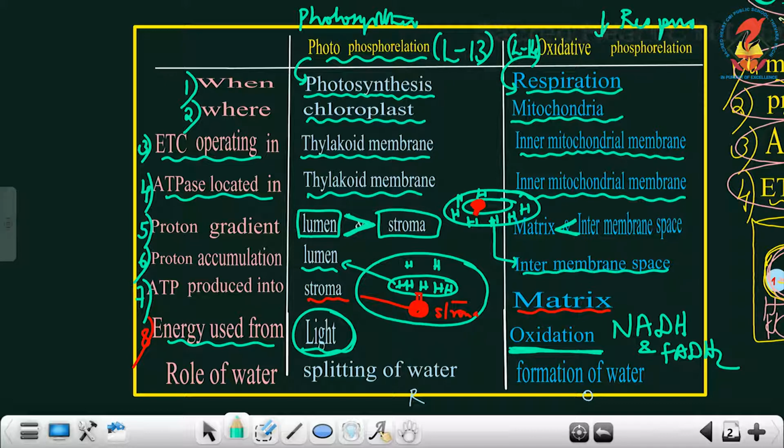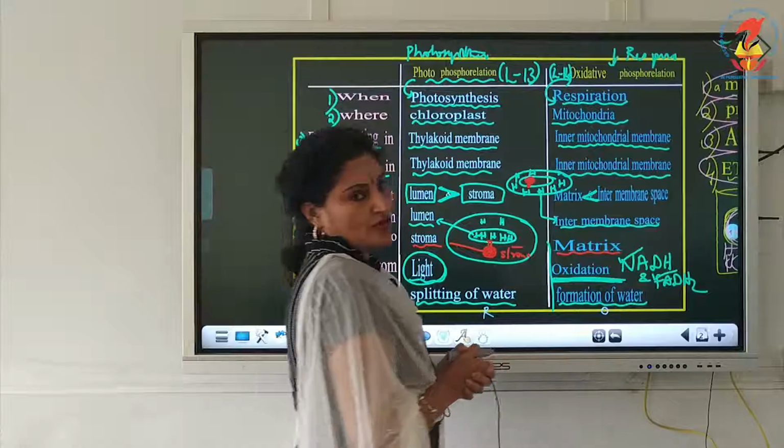So, energy is from light when it comes to photophosphorylation, but when it comes to oxidative phosphorylation, it is from the oxidation of these two energy molecules, NADH and FADH2. And lastly, the role of water. When I deal with this exclusively, you will understand that in photophosphorylation there is splitting of water, and the opposite of splitting is formation, whereas in respiration we have formation of water.